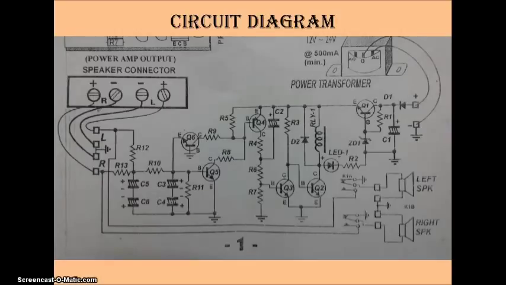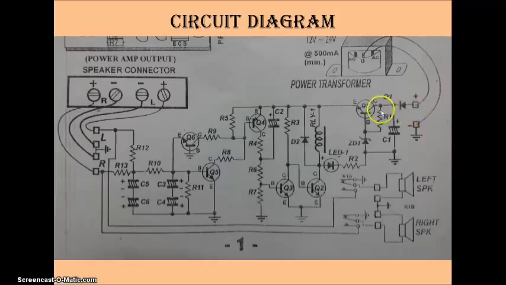And the last type of transistor used in this circuit is the TIP31, marked as Q1 here. The general purpose of this transistor is switching. That's why this transistor is placed near the power transformer, or the input power here.